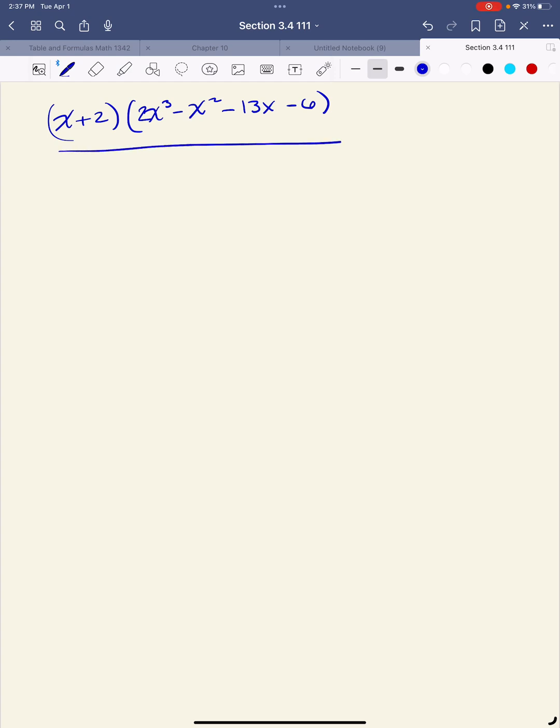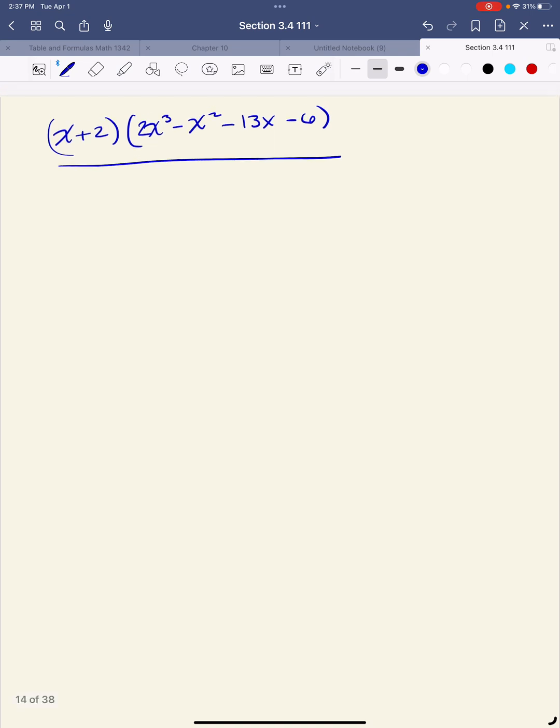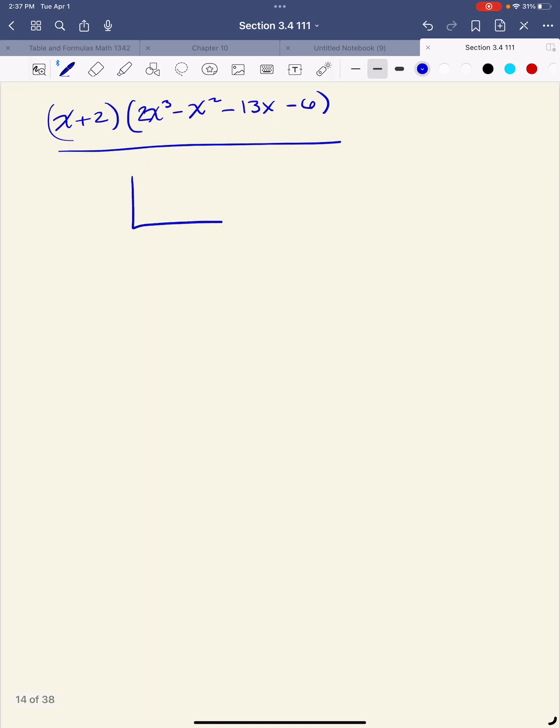So I need to perform the synthetic division again. I want to do it now using the numbers of my third degree polynomial. So a 2, a -1, a minus 13, and a minus 6.